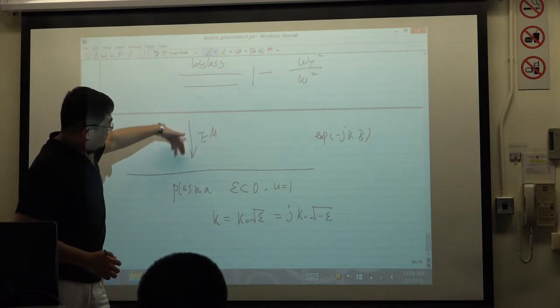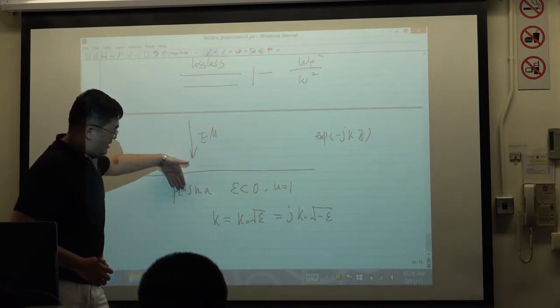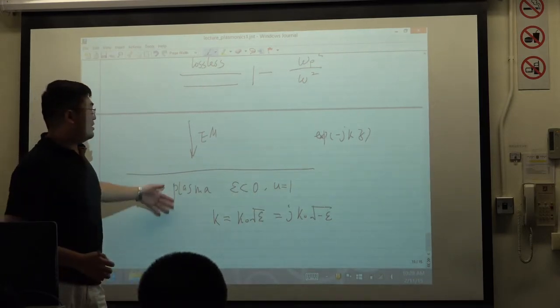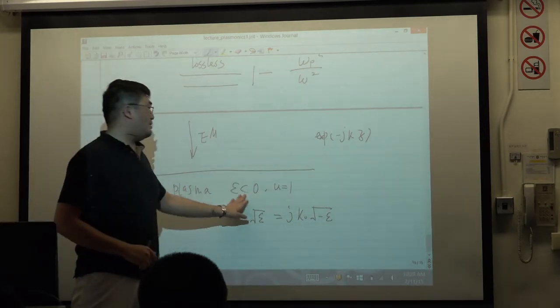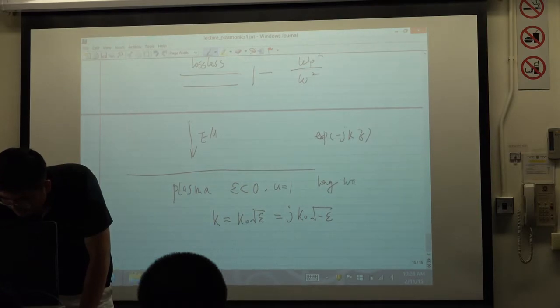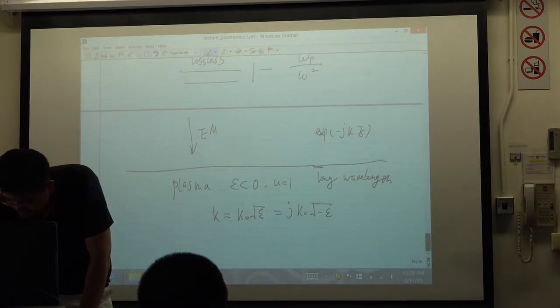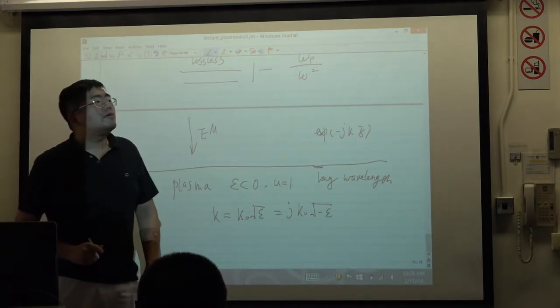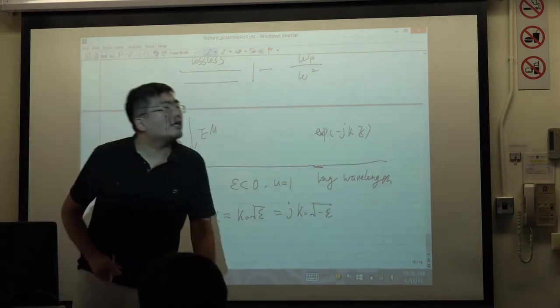So the wave cannot penetrate; it just penetrates a little bit and decays. This is a plasma, at long wavelength.